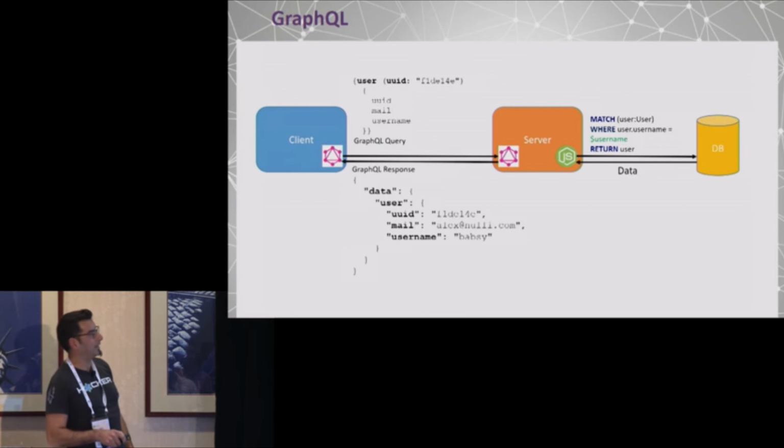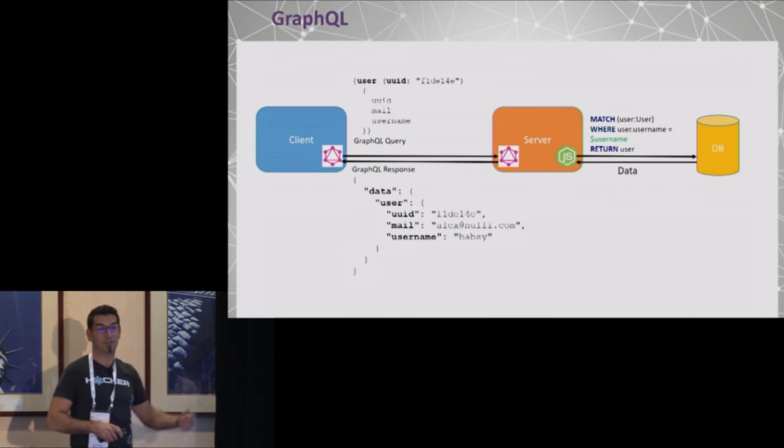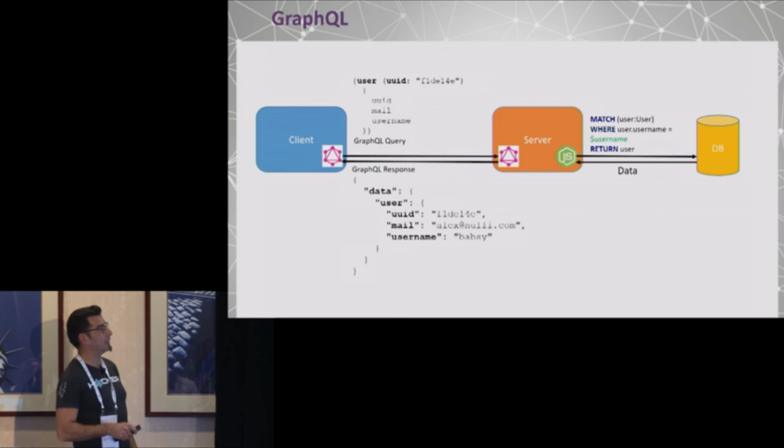The database returns data, and the GraphQL server packages a response that looks like this. Here the query was for a user, and we requested the UID, the email, and the username, and we got that back in this format, which is also standardized through the GraphQL specification. And the client understands that and displays it.